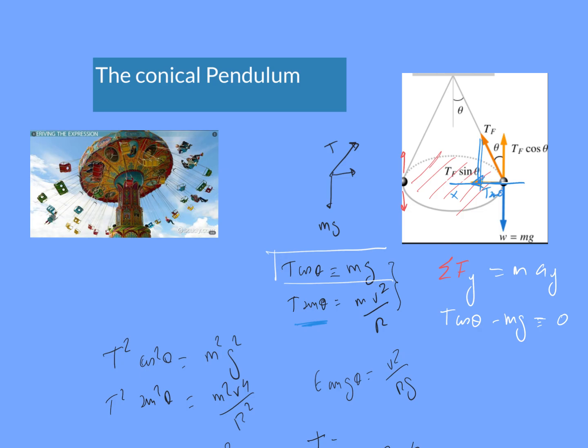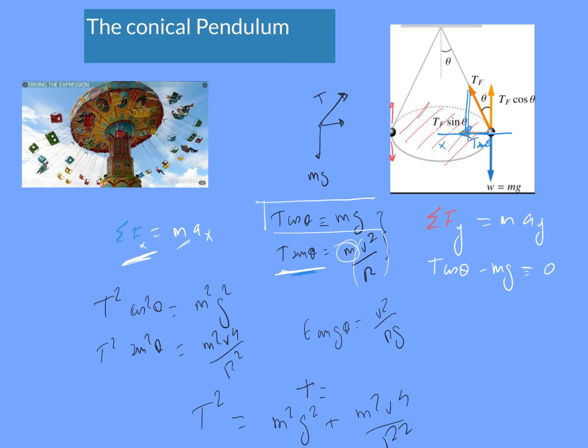This is the magnitude of T times sine of theta. It's the only force, so the sum of all the forces in the x direction is the mass by the acceleration in the x direction. What is the sum of all the forces in the x direction? T sine of theta equals the mass by the acceleration, but this is a circular motion, so the acceleration is v squared divided by r.